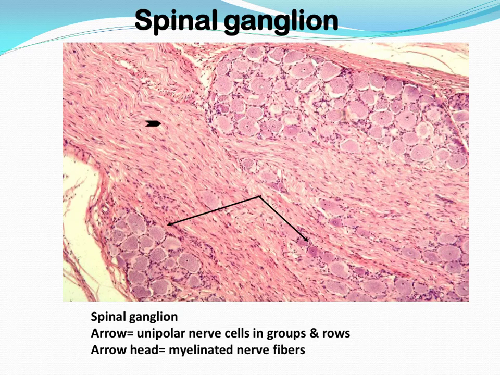Also here the cells are of different sizes. We have large size, intermediate size, and small size. Each size is responsible for a certain sensation. Also here these are the most important features. If you are asked, mention one or two features that help the diagnosis. The arrangement, first of all, and number 2, the cells are variable in size.